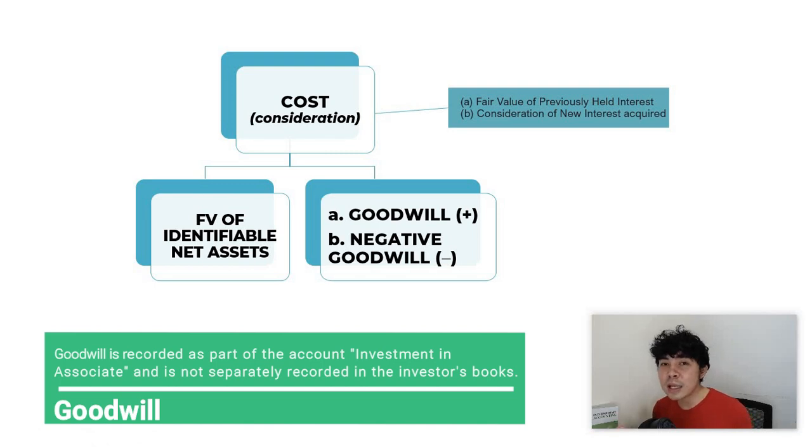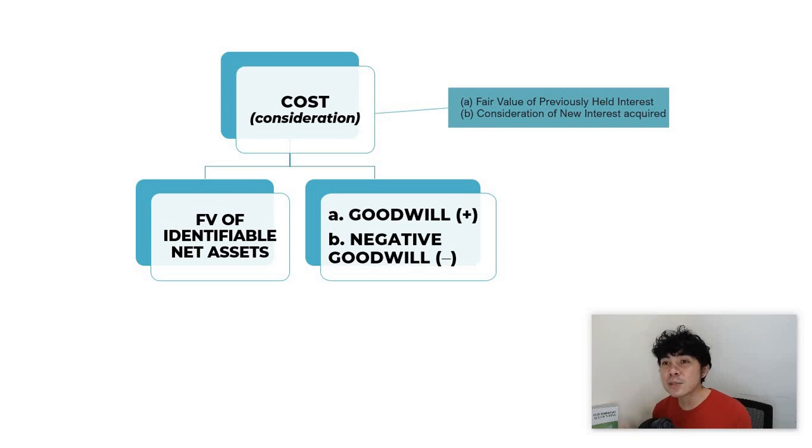Yung goodwill, nanggagaling to sa mga factors na hindi makikita sa identifiable net assets ni investee or ni associate. So, ibig sabihin, hindi lang naman talaga ownership sa identifiable net assets ni associate yung binibili mo. Aside doon, magkakaroon ka din ng ownership doon sa mga attributes ng associate na again, hindi mo makikita sa identifiable net assets niya.